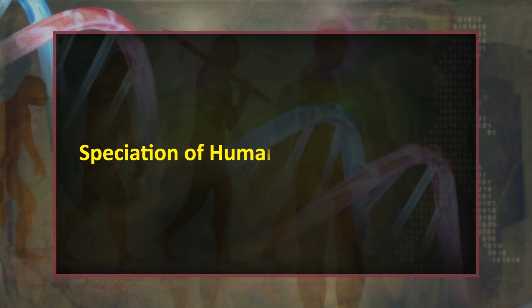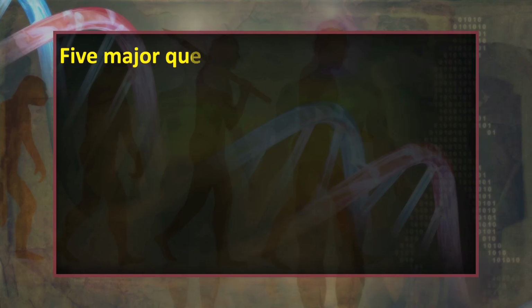Dear students, let's discuss the speciation of humans and African apes. The separation of humans from their closest relatives, the non-human African apes, that is chimpanzees and gorillas, has been studied extensively for more than a century now. Five major questions have been addressed.